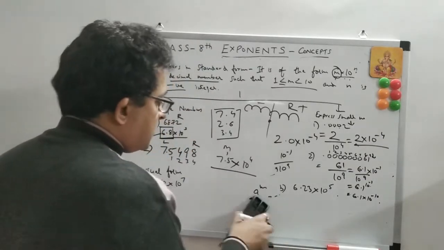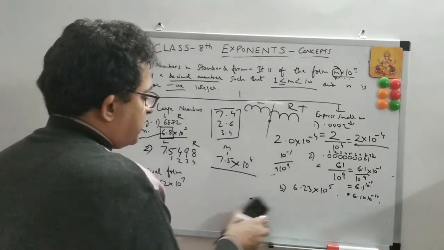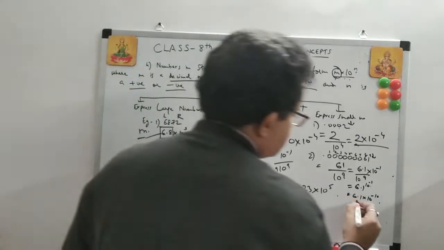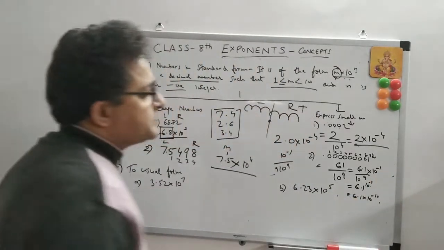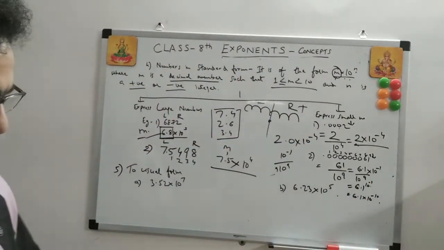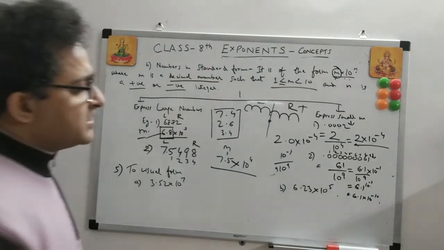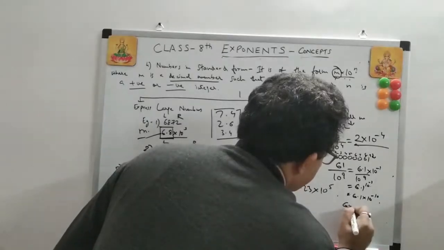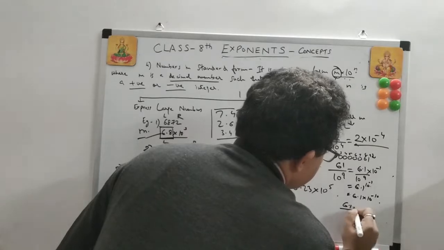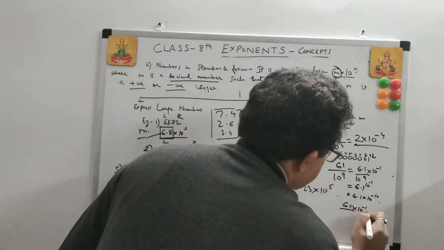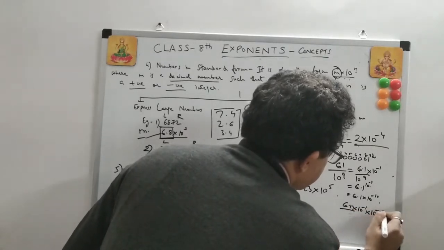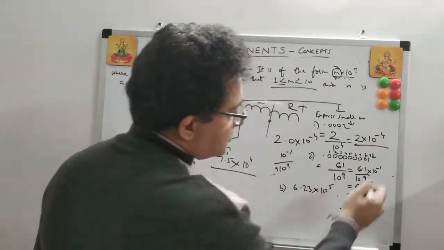What happens? It becomes 6.1 into 10 to the power minus 10. You can also write this as 6.1 into 10 to the power minus 1 into 10 to the power minus 9. You can bring it there also.